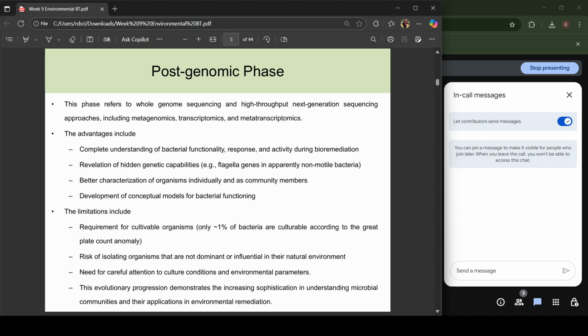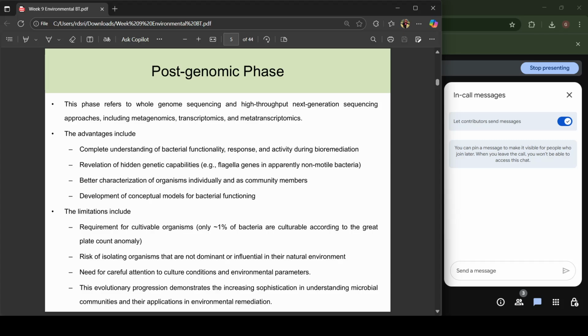It responds to the physical conditions like temperature, pressure, and also to the chemicals present in the environment, like the contaminants itself. And also we can know the activity during the bioremediation.